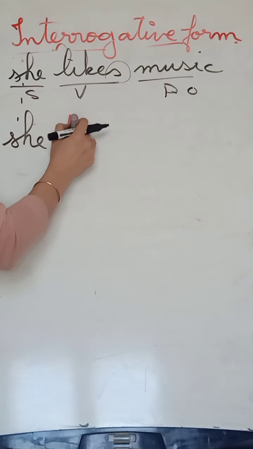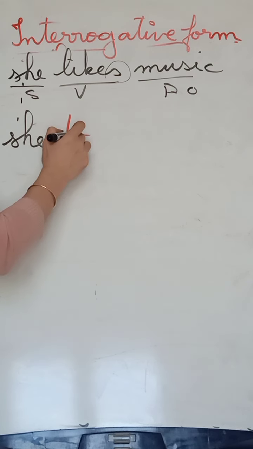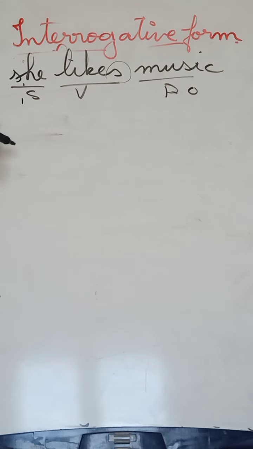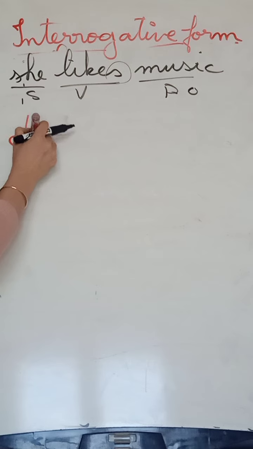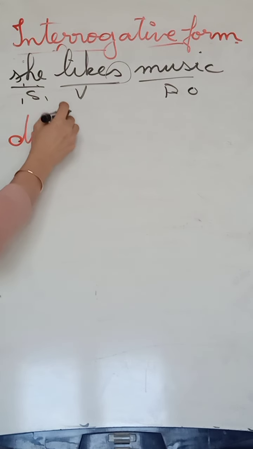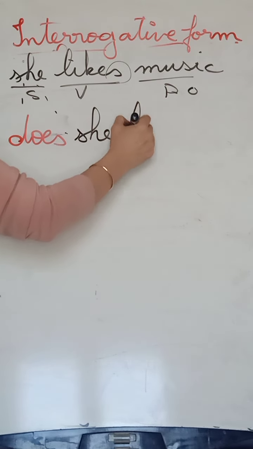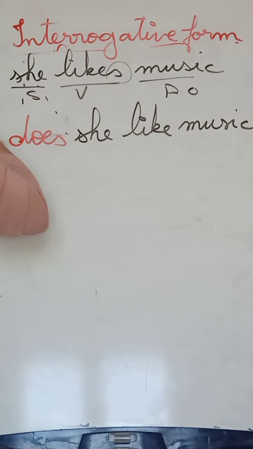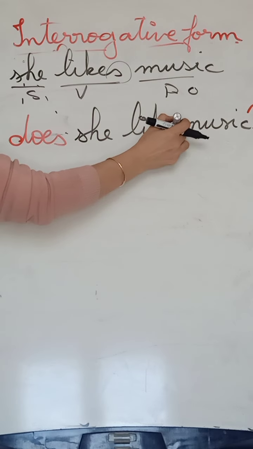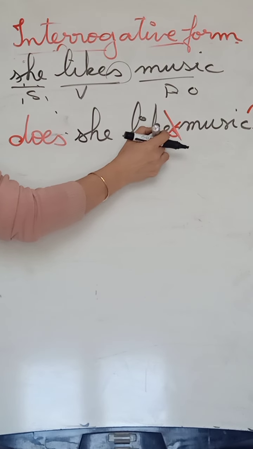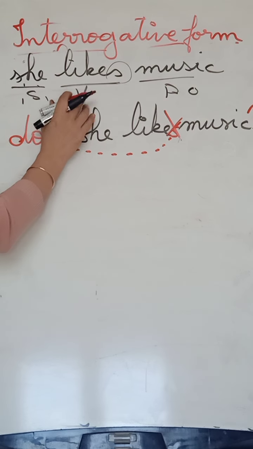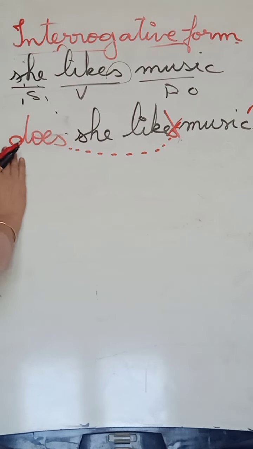Sorry, I start by auxiliary does. Does she like music? Question mark. So what is the S of like? The S of like is omitted, and it goes with auxiliary do, and it becomes does, like this.